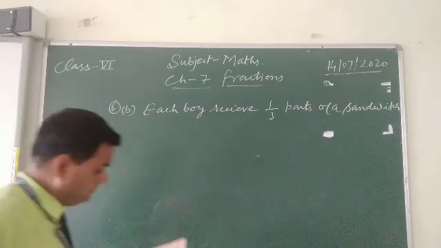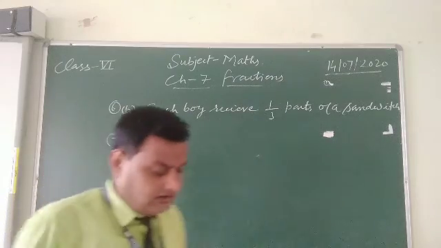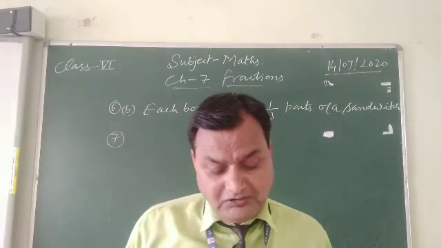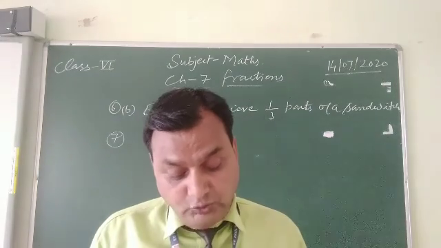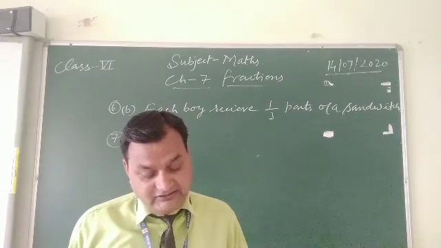Now, question number 7 is, Kanchan dyes a dress. She had to dye 30 dresses. She has so far finished 20 dresses. What fraction of dress has she finished?